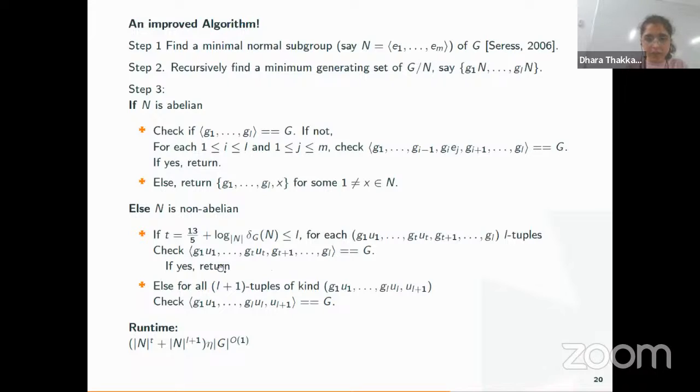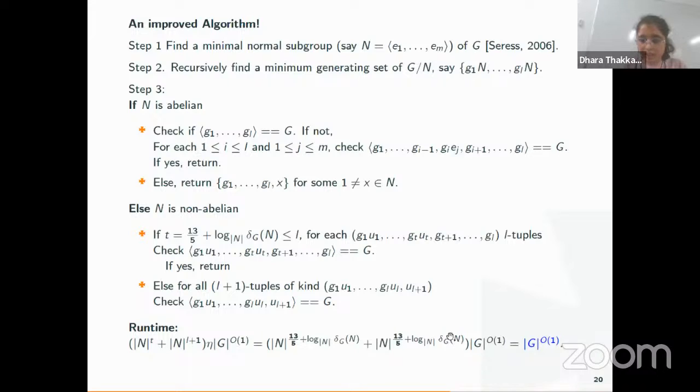If we fail in the first step, then we go for the next step, and there we are trying |N|^(L+1) tuples. And for each such tuple, we spend polynomial time to check whether they generate G or not. T is the special number that we have taken, and we have already shown that L plus 1 is also bounded by T. So that is the running time, and it is easy to see that this is polynomial in the size of the group.